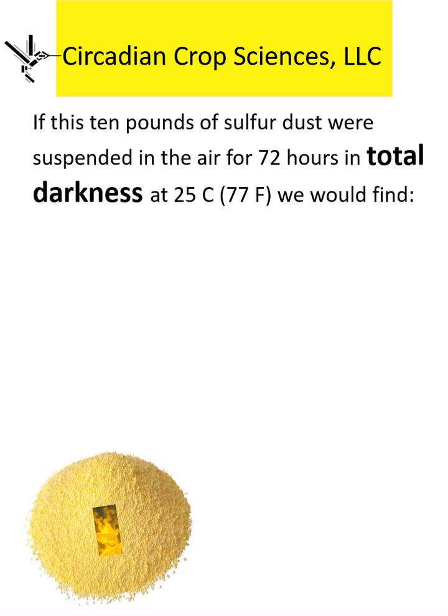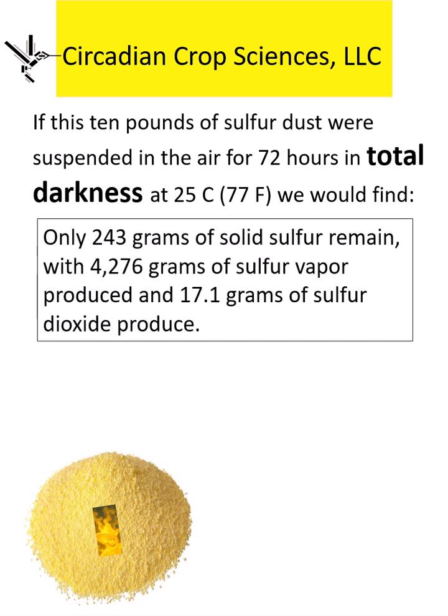If this 10 pounds of sulfur dust were suspended in the air for 72 hours, dispersed so that oxygen is around every particle, and it's suspended there for 72 hours in total darkness at 25 degrees Celsius, we would find that only 243 grams of solid sulfur remain, with 4,276 grams of sulfur vapor produced and only 17 grams of sulfur dioxide produced.